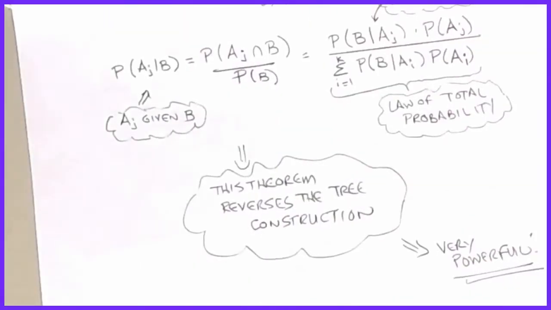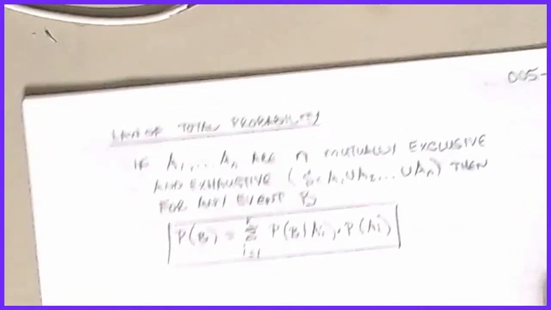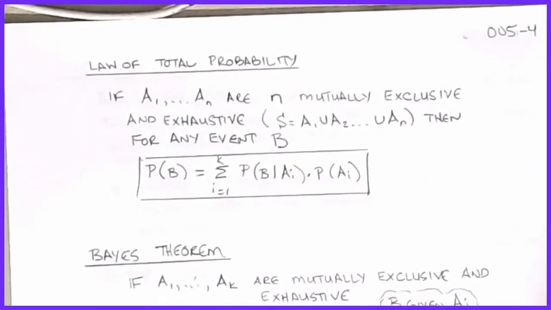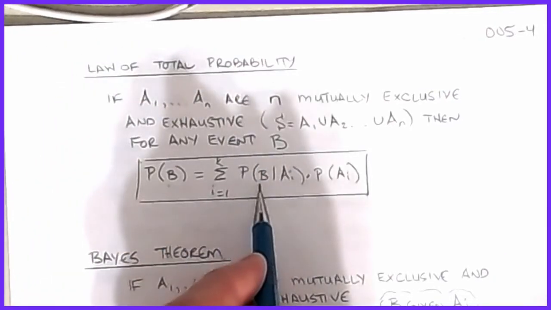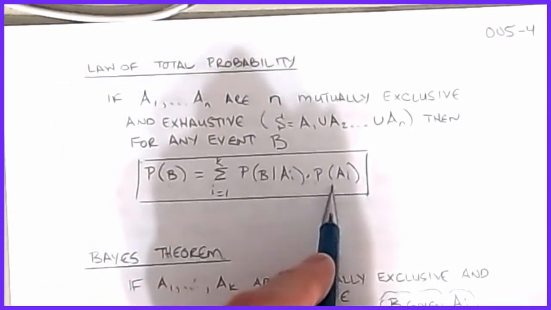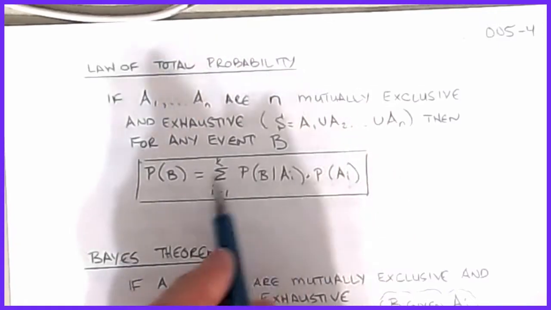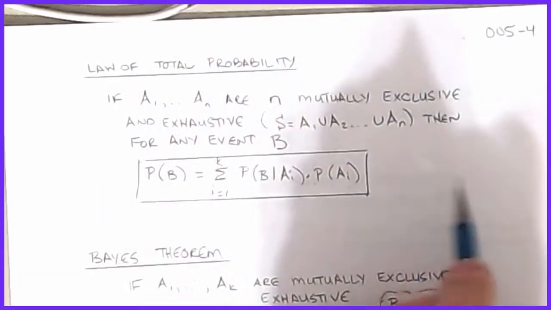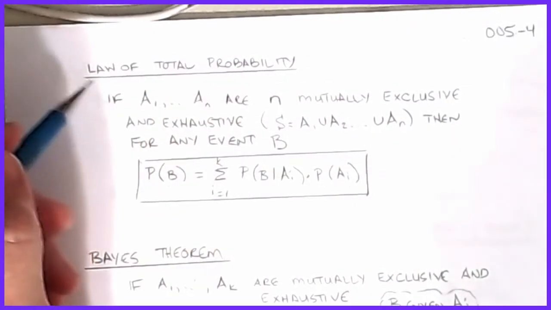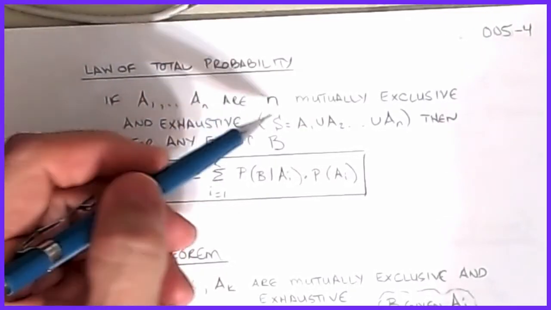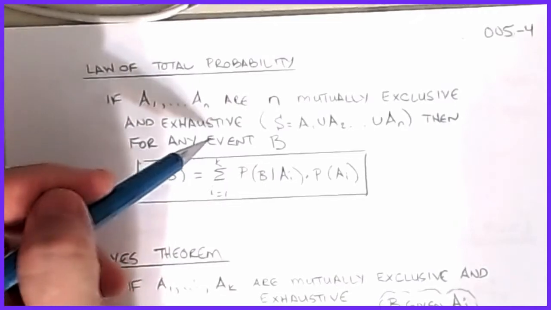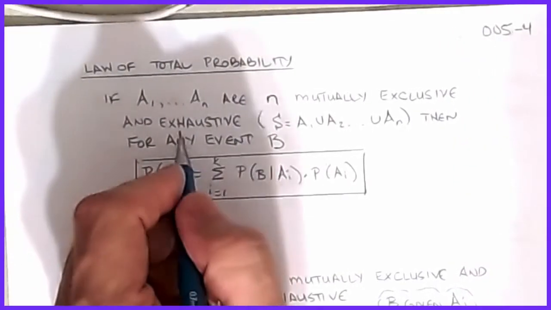All right, now let's rewrite that law of total probability in a slightly different form that we talked about. For any given probability B, we're multiplying the B given A by the probability of the A. This is just a shorthand way of saying we're going to multiply all of those branches together. The formal definition, as your book writes it, is if A1 up through AN are N mutually exclusive and exhaustive. Now, this is a new word for us, exhaustive.